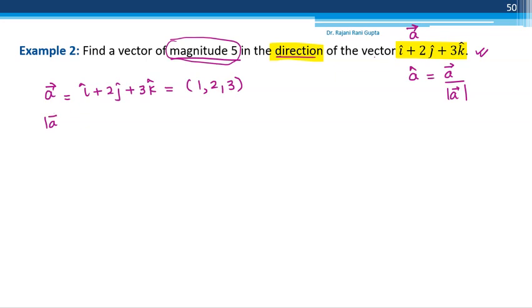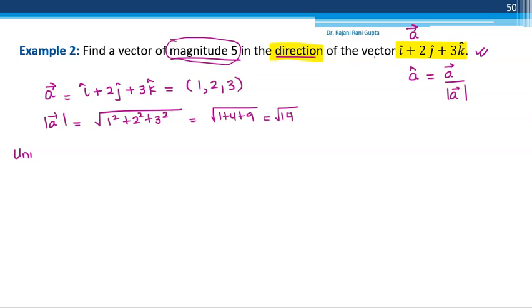Find its magnitude, which is root of 1 square plus 2 square plus 3 square. That is 1 plus 4 plus 9, root 14.